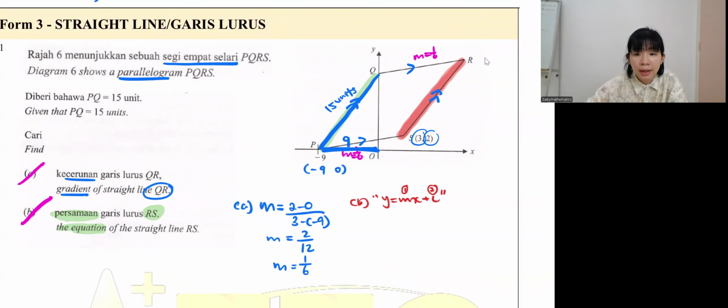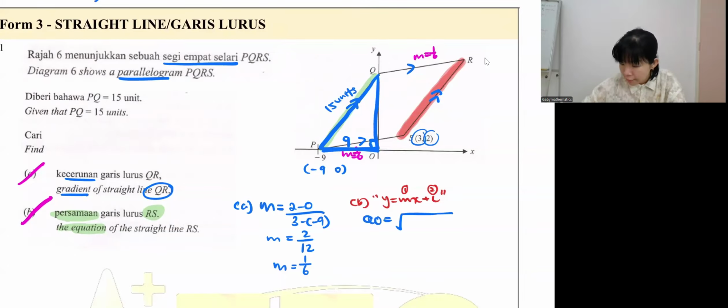Okay, if this one 9, this one 15, what is the height here? Do you see a triangle? We can use Pythagoras theorem. What is the length of QO? Okay, QO. Square root plus or minus? If I use Pythagoras theorem, minus 15 square minus 9 square.